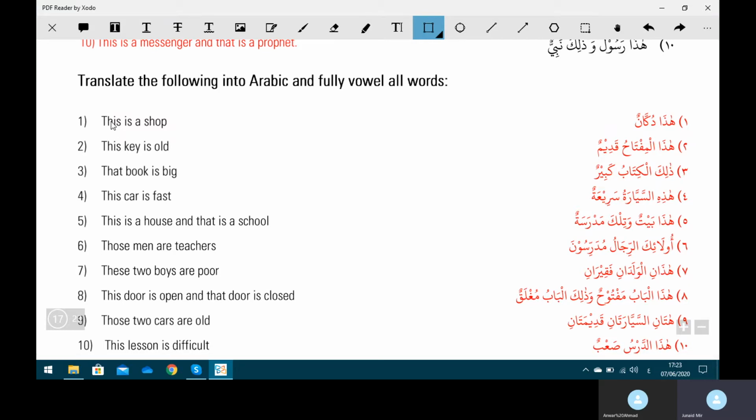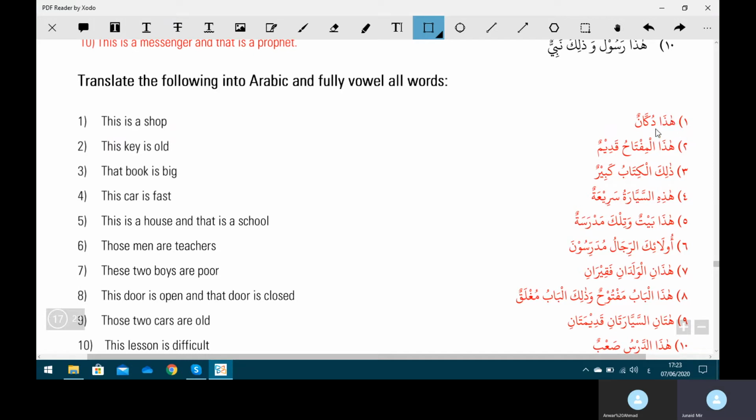Dhalika is that. Hada is this. A shop in Arabic is masculine and singular, so I use a masculine singular close demonstrative pronoun, and that one would be hada. So that's the reason you use hada.